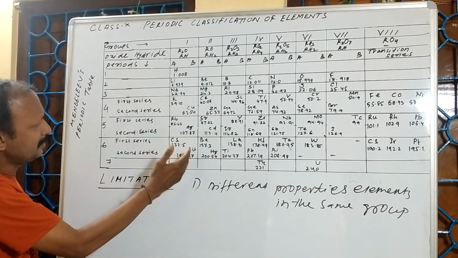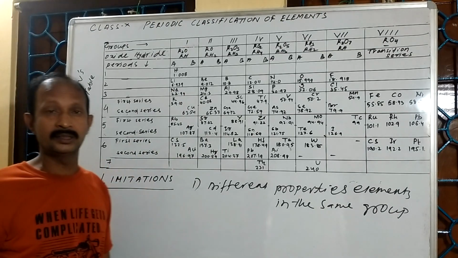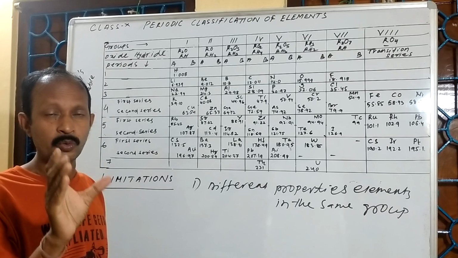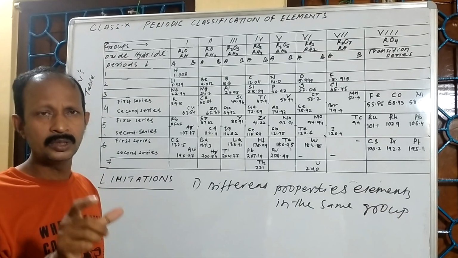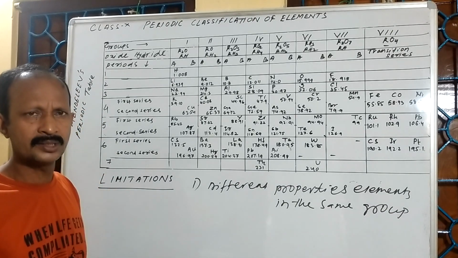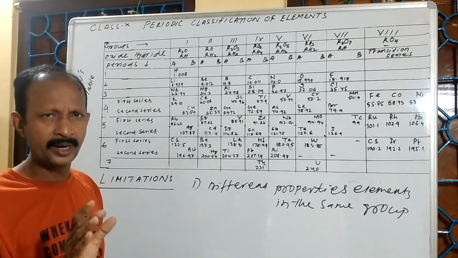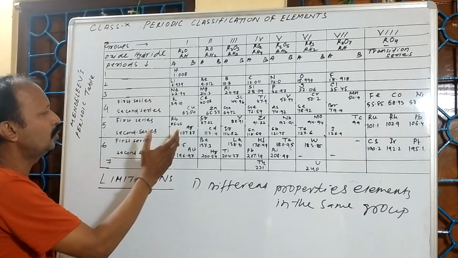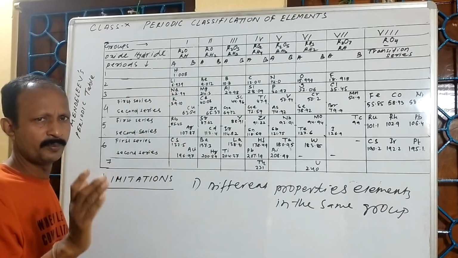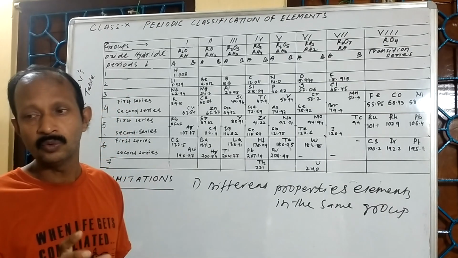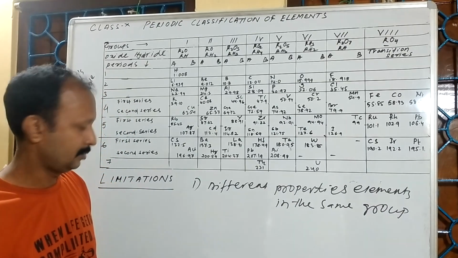These two sides' elements have different properties. Despite the difference in properties, he placed them together in one group. So this is one of the mistakes, or you can say one of the drawbacks. To avoid that, he tried to arrange them in different subgroups. But so far as the group is concerned, it is definitely a drawback.